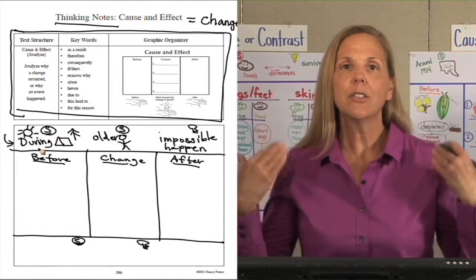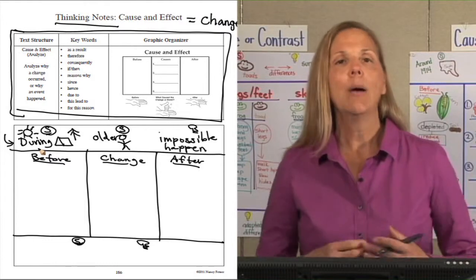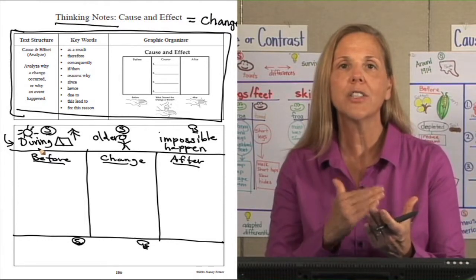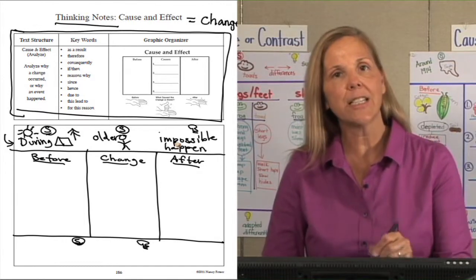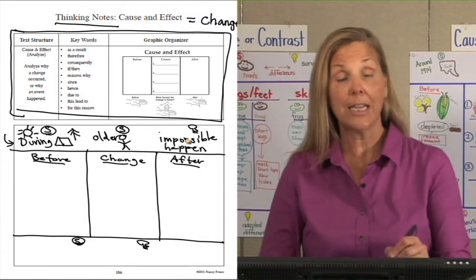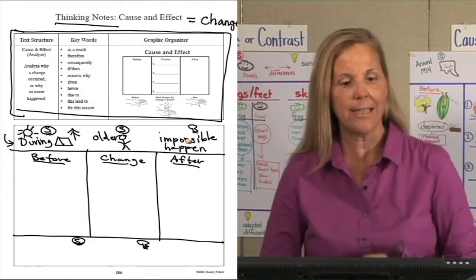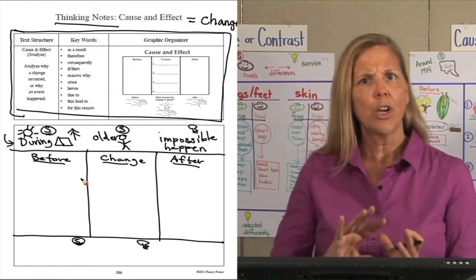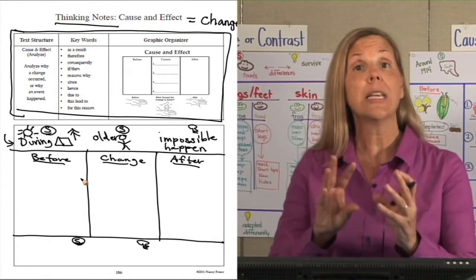Where are we going? We're going to go to the body. And what do we need to do in the body? We need to analyze what caused the change. What were the reasons, events, or issues that caused the impossible to happen? So notice I keep going back up to that big idea to guide the thinking. Well, let's look at what happened before the change. Before, when it seemed like it was impossible.